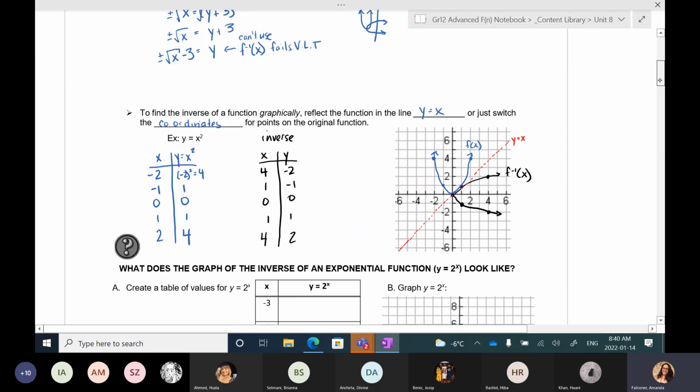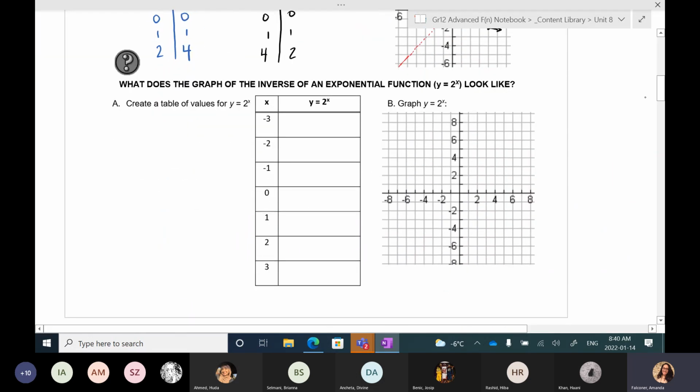Next question, this is where it gets specific to the new stuff. What does the graph of the inverse of an exponential function, and this is the simplest one we have, y equals 2 to the x, look like? So we're going to create the table of values for this exponential function here. When we choose the value of negative 3, we input that into the equation.